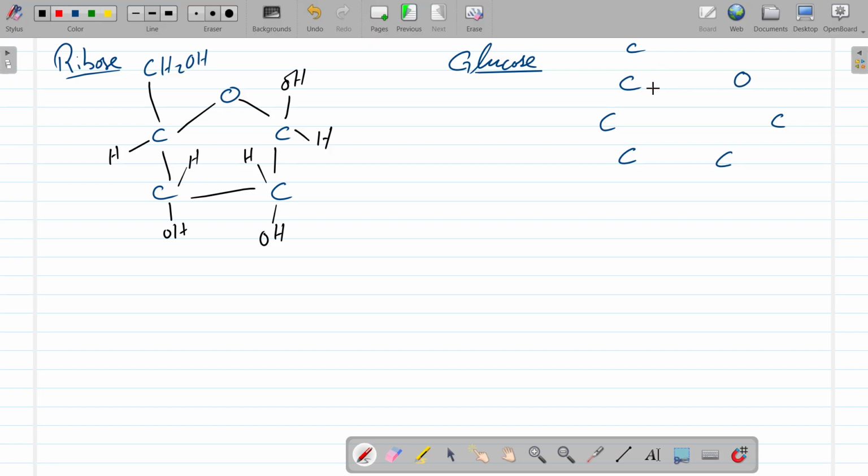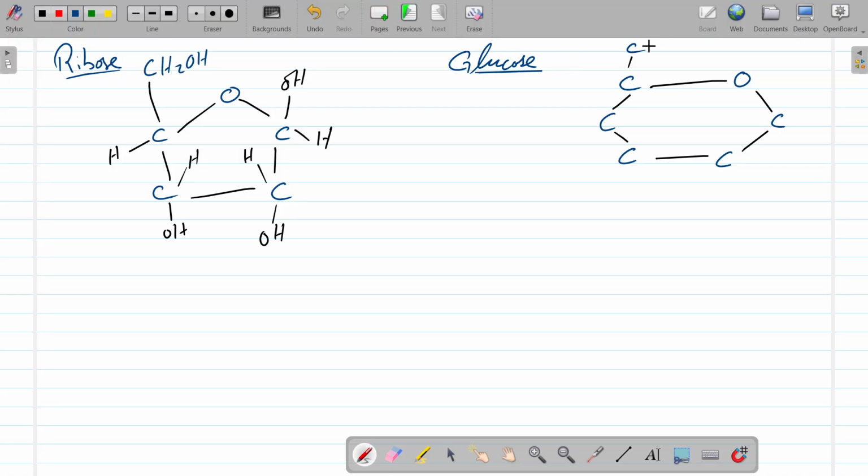And you join those together, and so you've got your 6 carbons, and you fill in, not randomly, of course, the position matters. So you fill in the hydrogens and the OH groups.